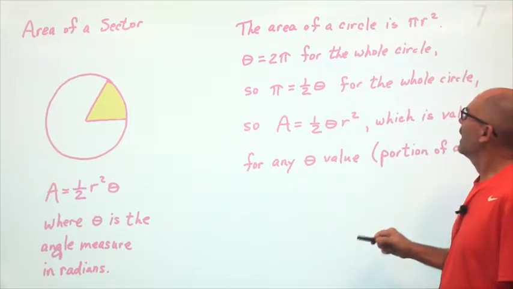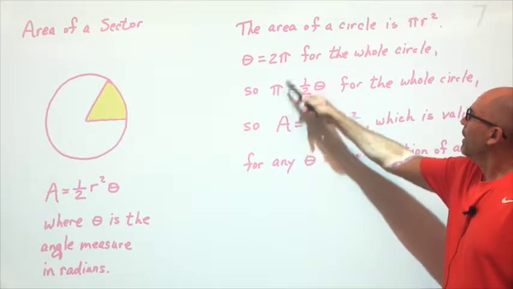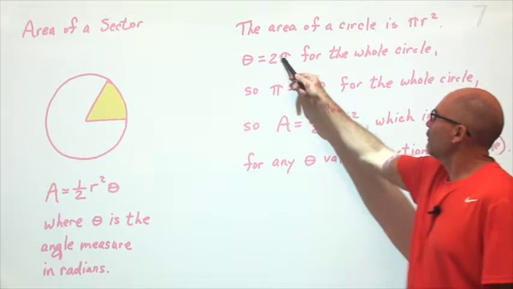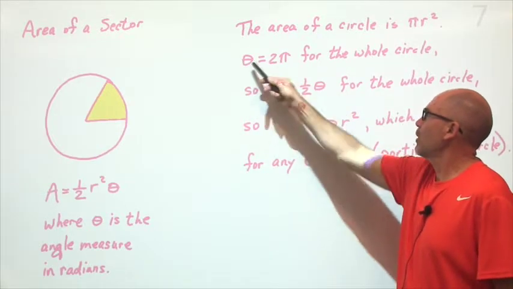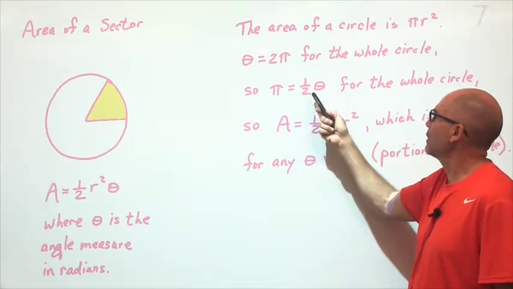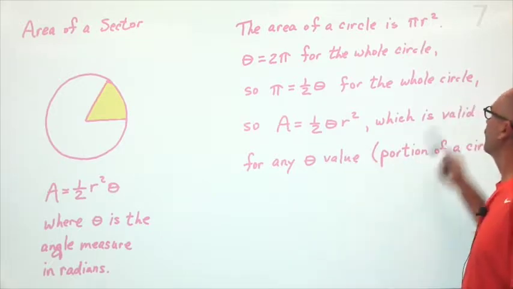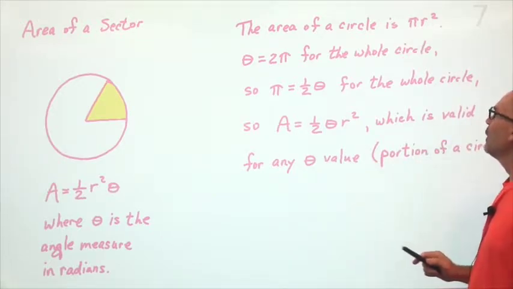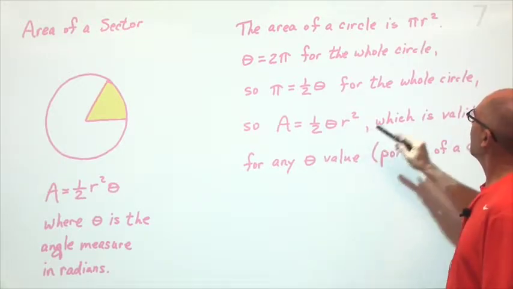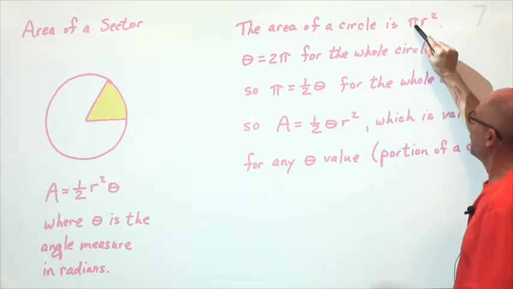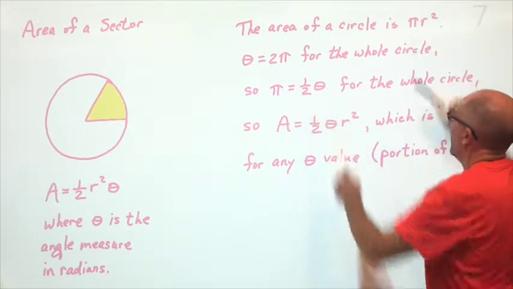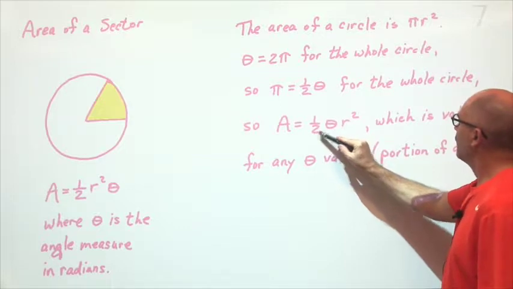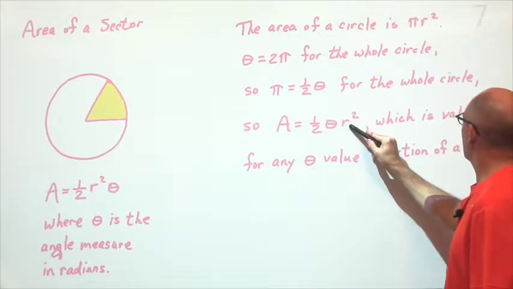So, pi here, if I solve for pi, divide both sides by 2, or multiply both sides by half, so pi equals 1/2 theta for the whole circle. So that means area, if I substitute the 1/2 theta in for pi, is going to be 1/2 theta times r squared.